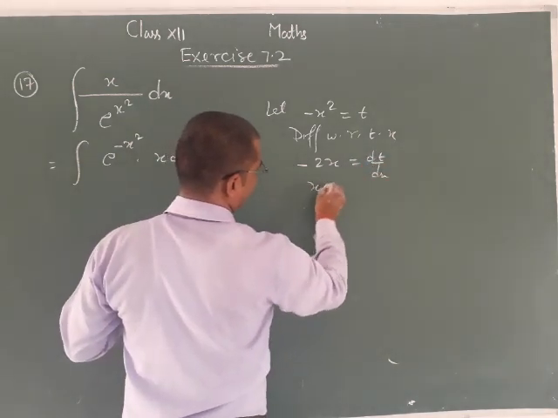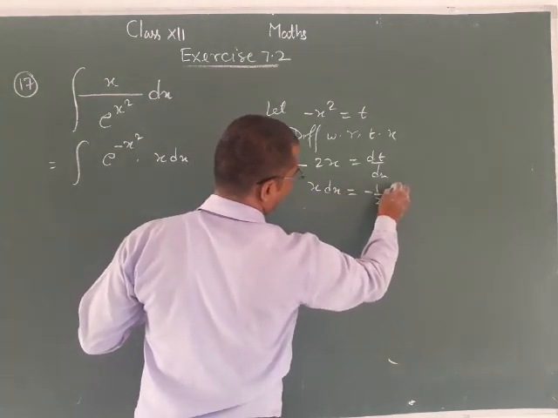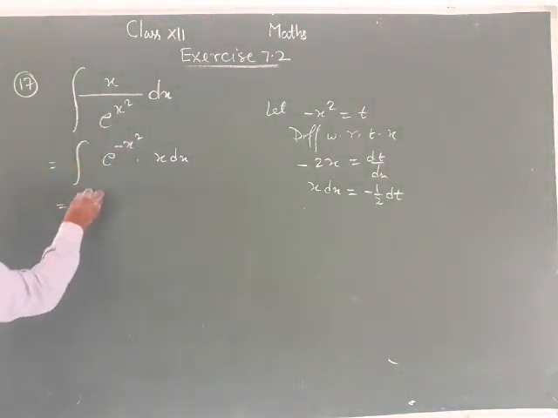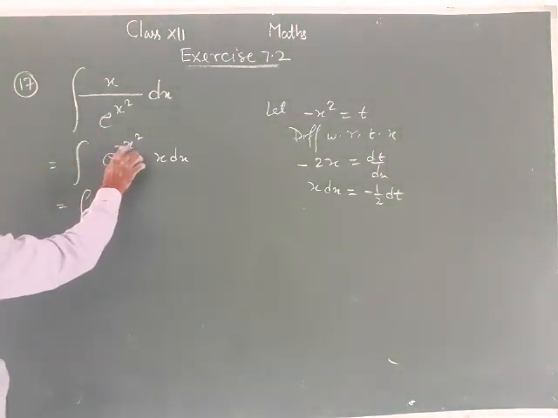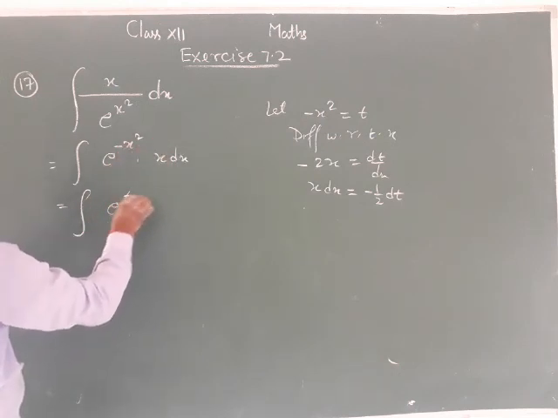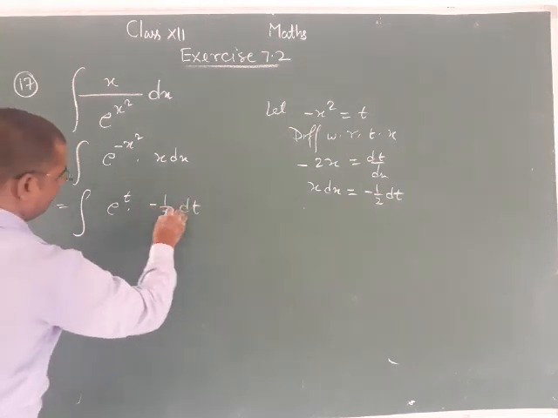So x dx is equal to minus 1 by 2 dt. Now replace: e to the power minus x square is e to the power t, and x dx is minus 1 by 2 dt.